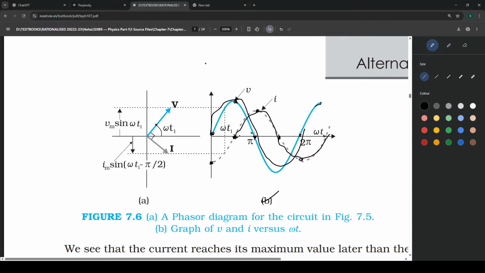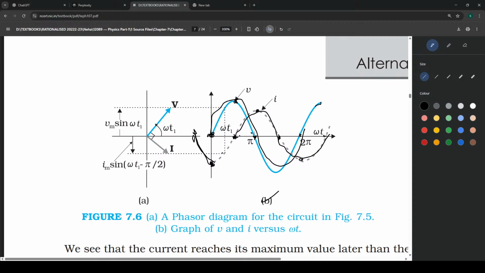We might be confused why it moved forward when they said it is lagging by 90 degrees. Because here, when current is steadily decreasing and increasing in the negative direction, the potential had already reached zero, meaning it is ahead.